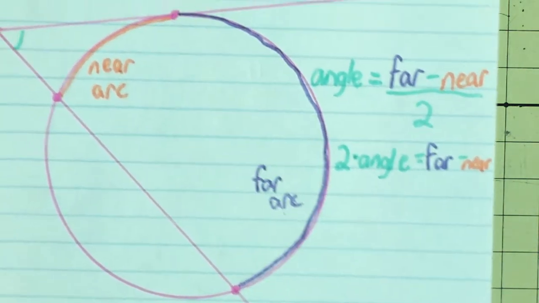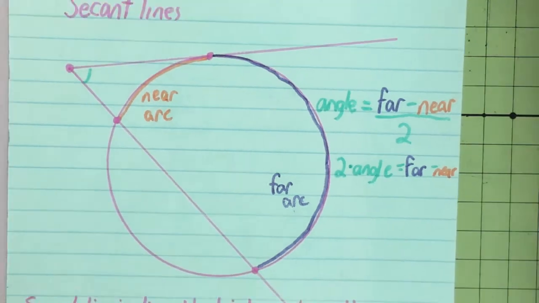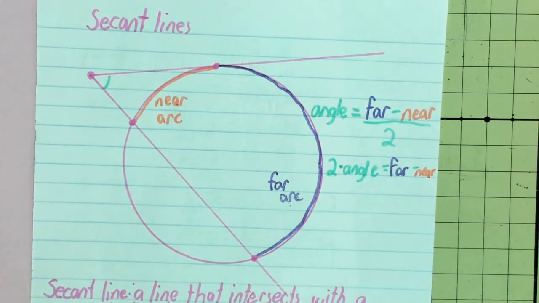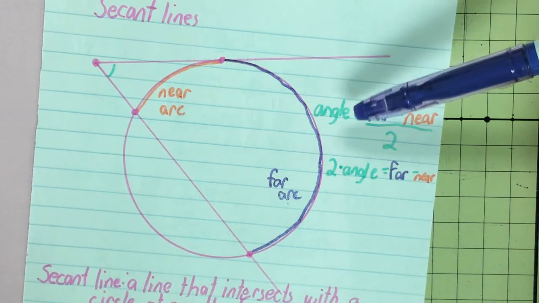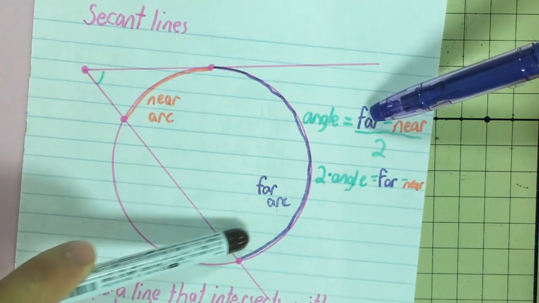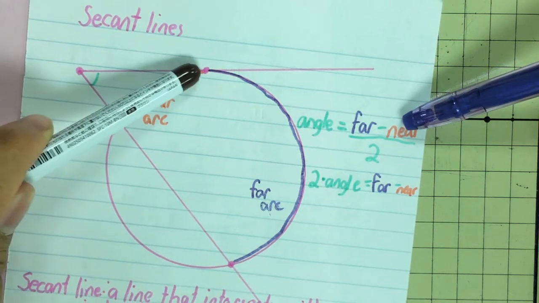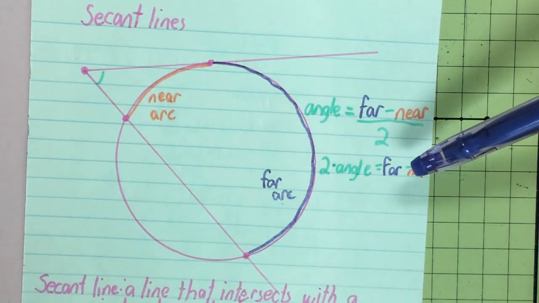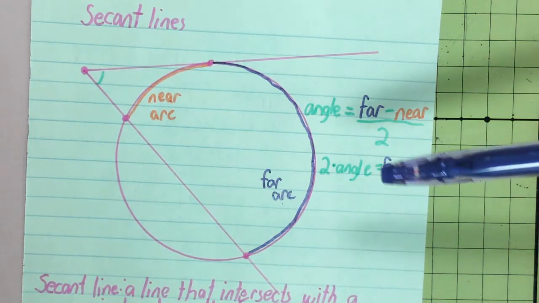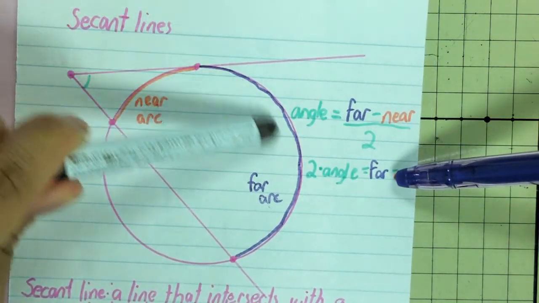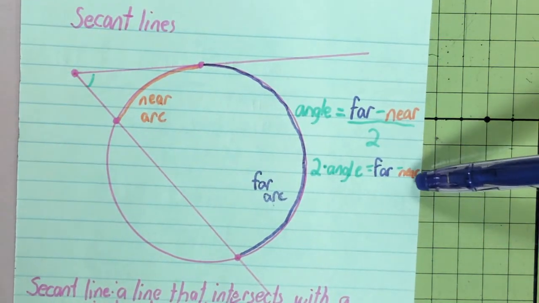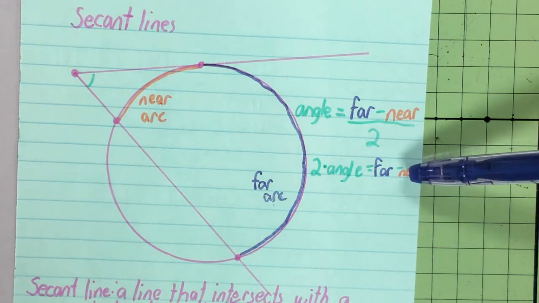Alright. So here you have that whenever we have secant lines, let's recap. Your angle, here in green, equals far arc minus near arc divided by 2. Or, a second way of writing that formula, 2 times your angle equals far arc minus near arc. The second way lets you get away without having to worry about fractions.